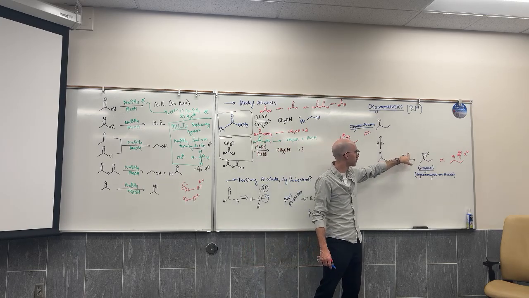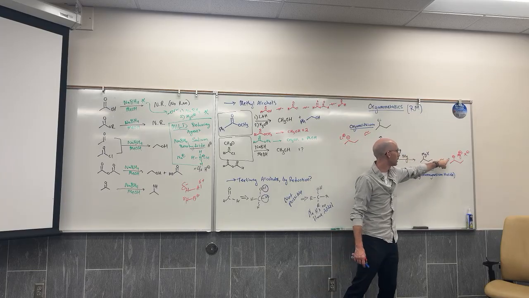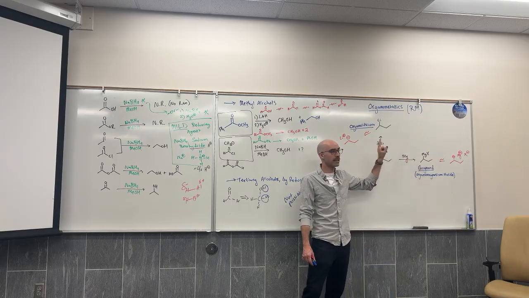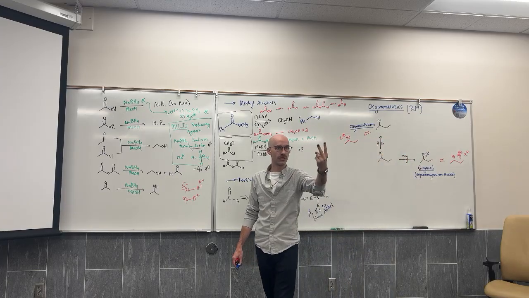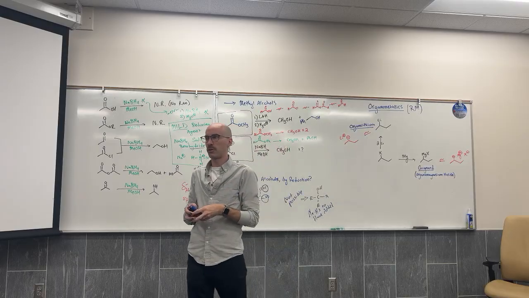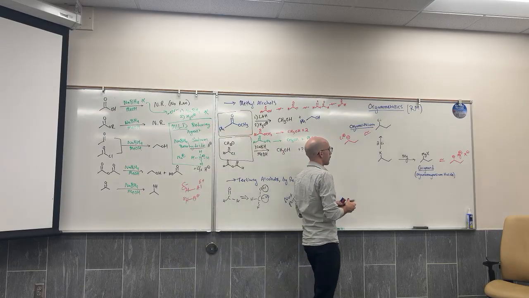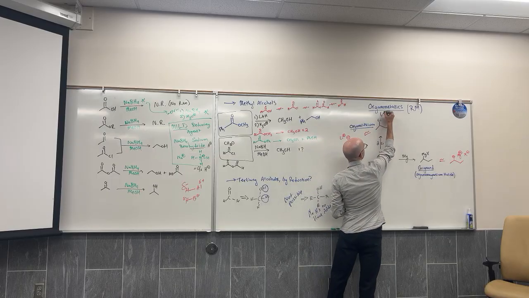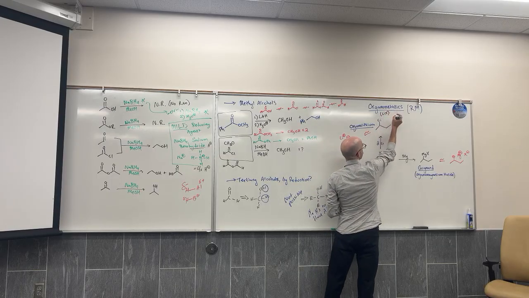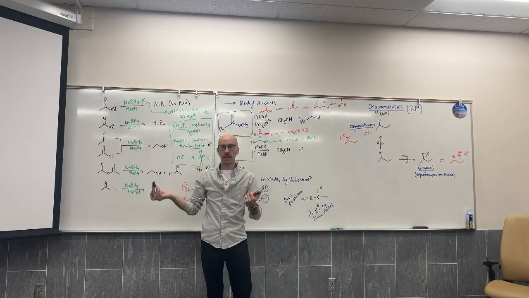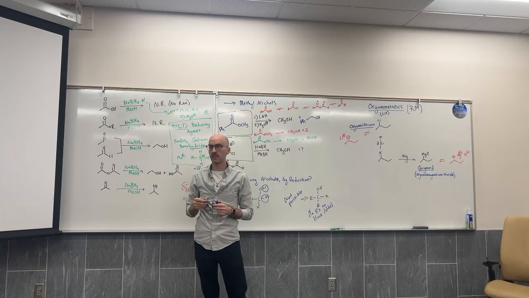Magnesium brings 2 valence electrons, so I only need 1 equivalent. Lithium brings 1 valence electron, so I need 2 equivalents. It's a 2-electron reduction, a 2-electron oxidation. The other equivalent just becomes a byproduct lithium halide salt.